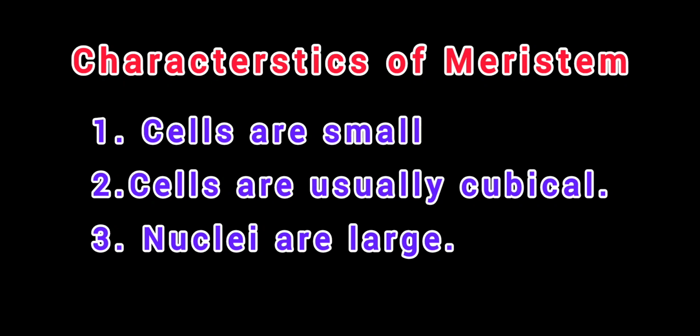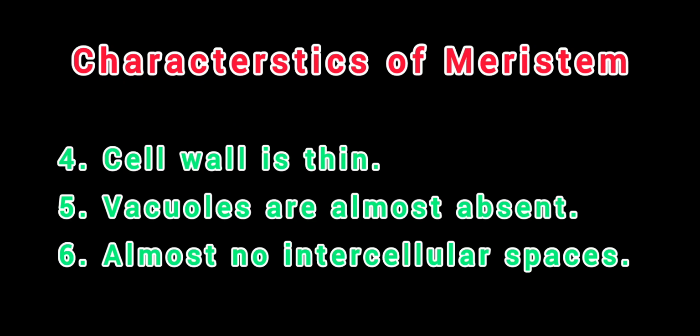Each cell of the meristematic tissue, which we also refer to as meristems, is small in size. The cells are usually cubical, polygonal, or spherical in shape. Nuclei are large and prominent.